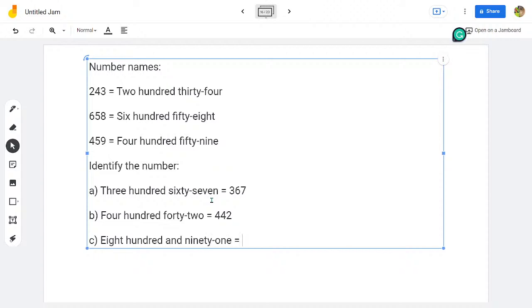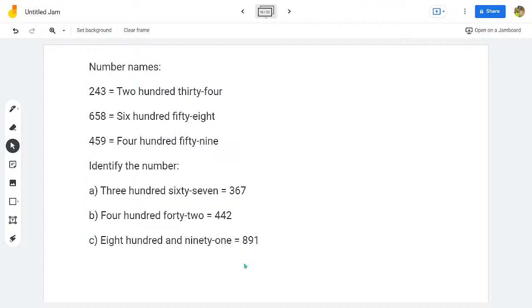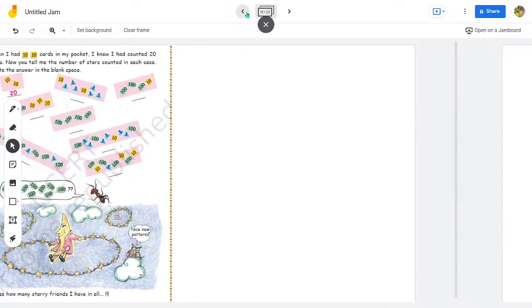So this can be written as 891. Yes. So this was all about the number names and how to identify number names and write the number. Now let's move on and let's try learning a bit more about this. Let's move on to the next exercise and let's see what we have there.